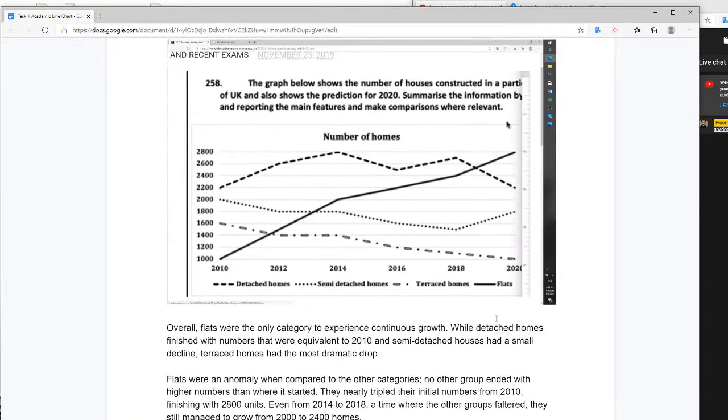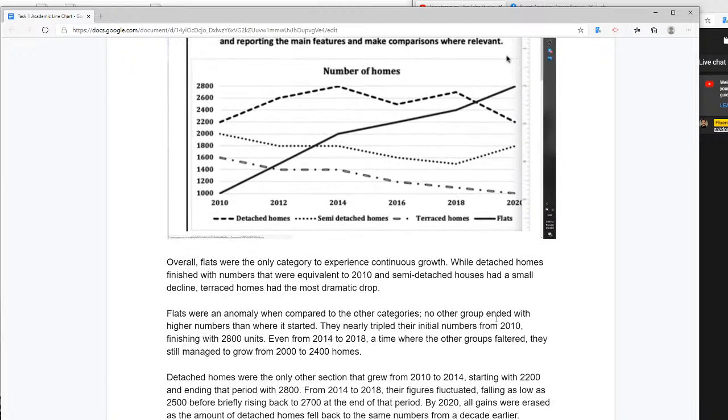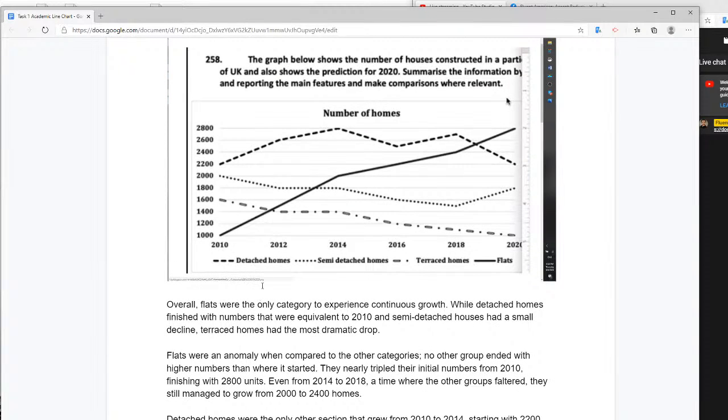I did add some extra details. If you feel like you are pressed for time, if you're like, oh my gosh, Geoff, I don't know if I can write this many words in only 20 minutes, here are some places where you could potentially cut. For the detached homes category, you could, in theory, just group it into two: from 2010 to 2014, and then 2014 to 2020.